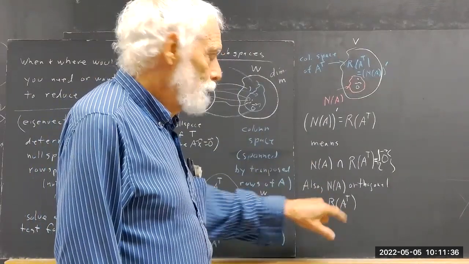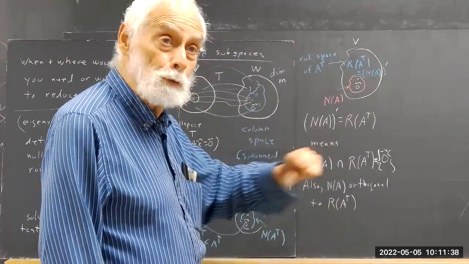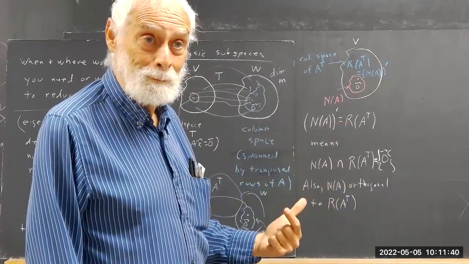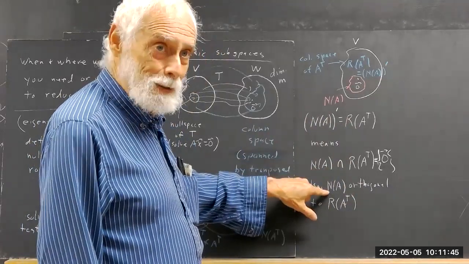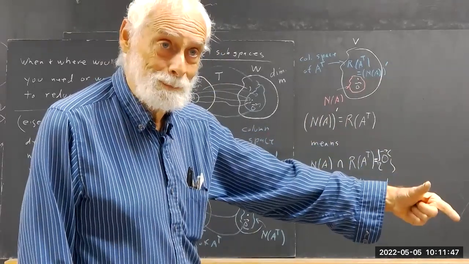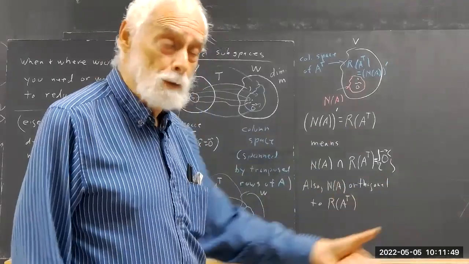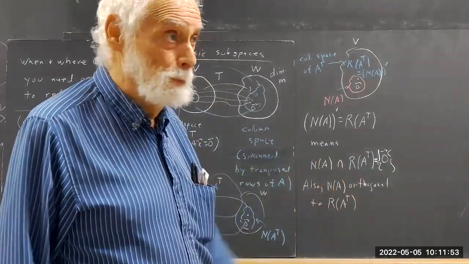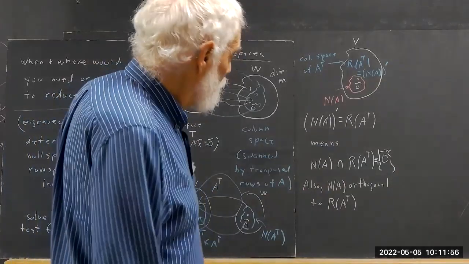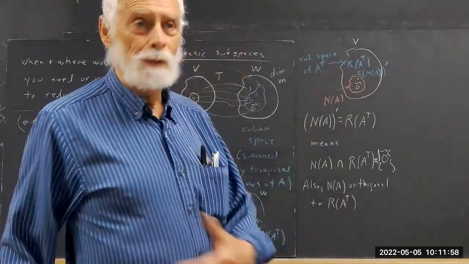Now remember, R of A transpose just consists of rows of A. So any row of A is orthogonal to any vector that maps to 0. And we talked about that in some detail that month, 6 weeks ago. Okay. So you probably won't want to find that in the videos.